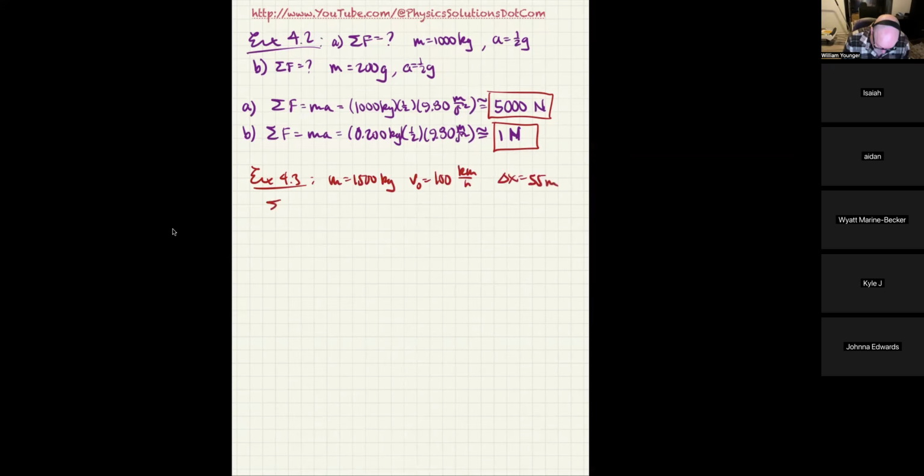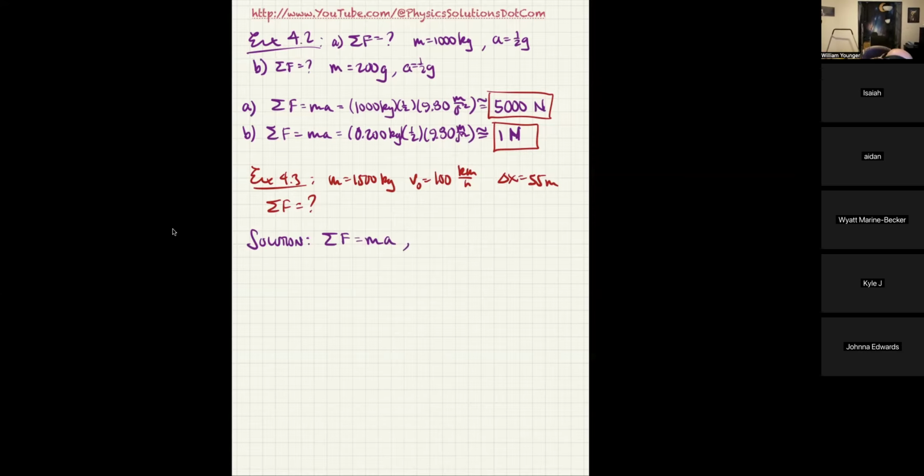So they're asking for the summation, the total force right there. So I'm going to say solution. What I know is the net force has got to equal the mass times acceleration.